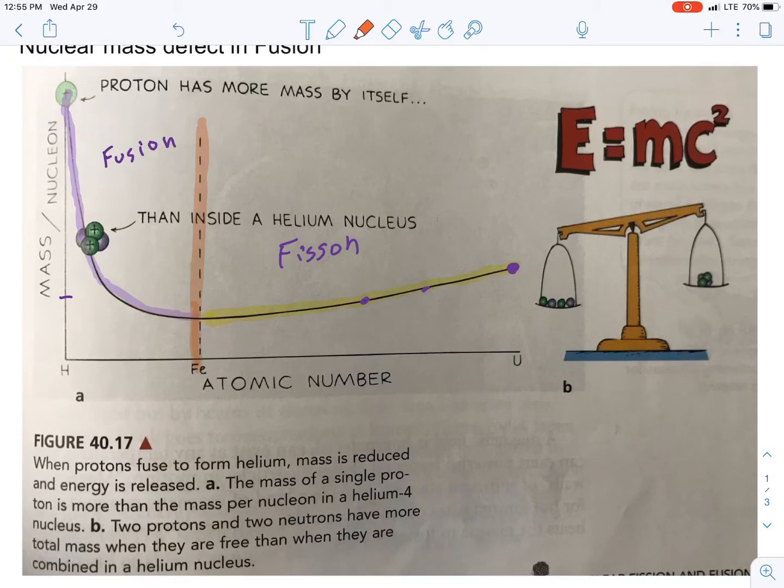Now, this is where we have to look at the curves. This curve on this side is humongously steep. That means it creates a lot more energy, especially for the hydrogen to helium formation, right? That's a huge amount of energy produced. And so when we talk about fusion, it's going to create a huge amount of energy compared to what the fission reaction was.